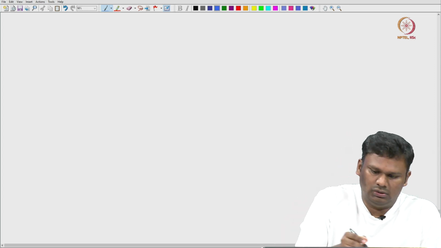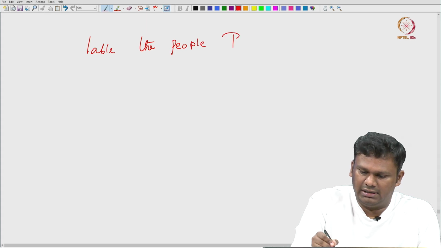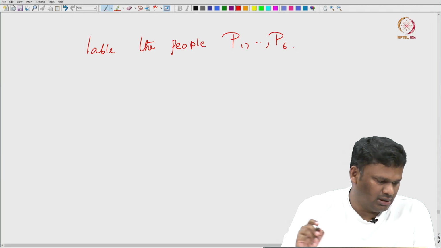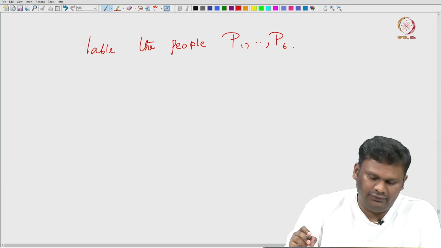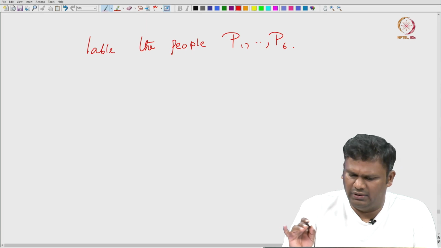So, label the people as P1 through P6, these are all the people, and then we draw edges between any 2 different people.